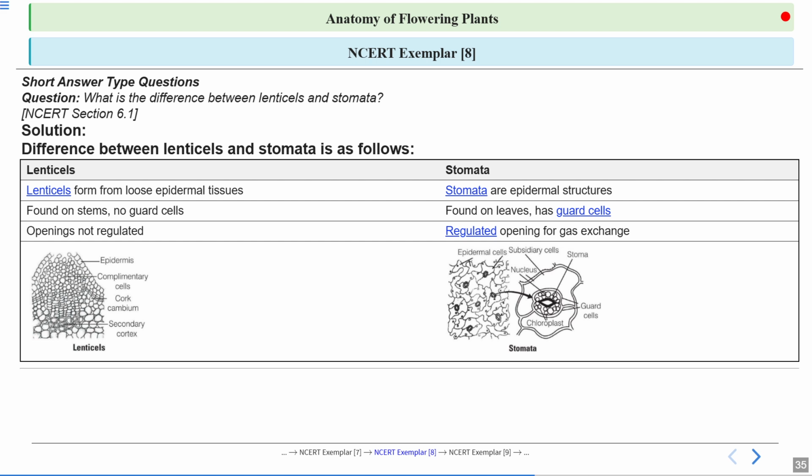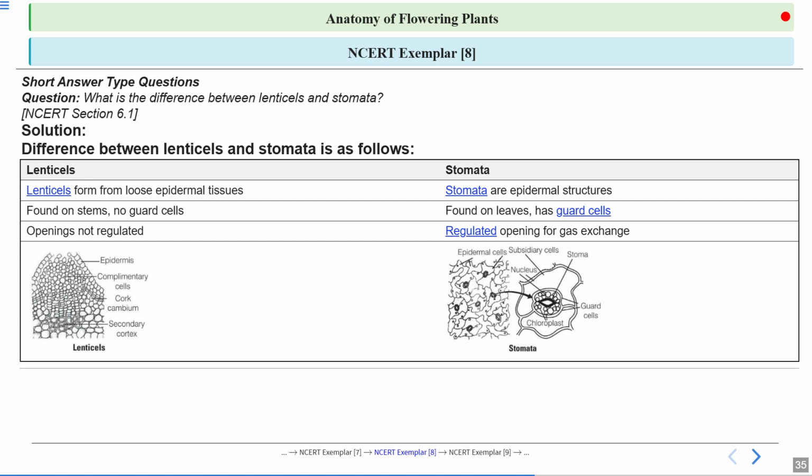Now, coming to the stomata, regulated opening for gas exchange. And why is it regulated? Because these guard cells contain chloroplasts and chlorophyll inside, right? So they can carry out photosynthesis. They can synthesize glucose in the guard cells.